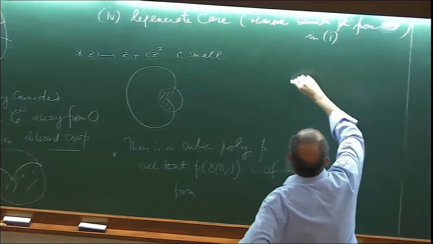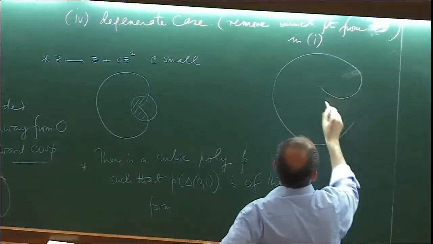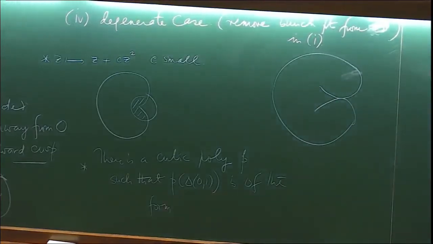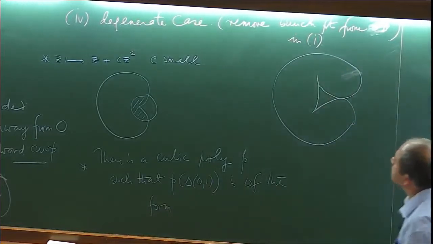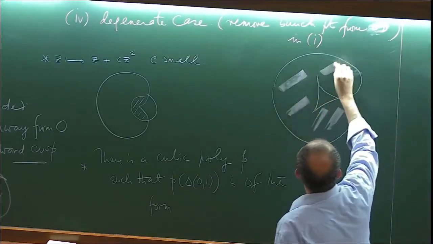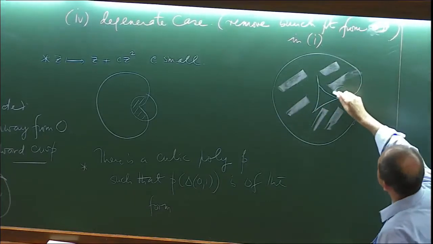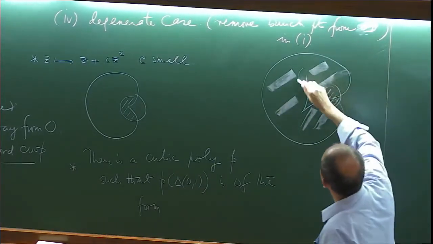So there is an outer boundary here. These two lips together, and there are two inward cusps. This is your domain. So there you have it. Near this, you have two pieces, and you have the inner cusps here.